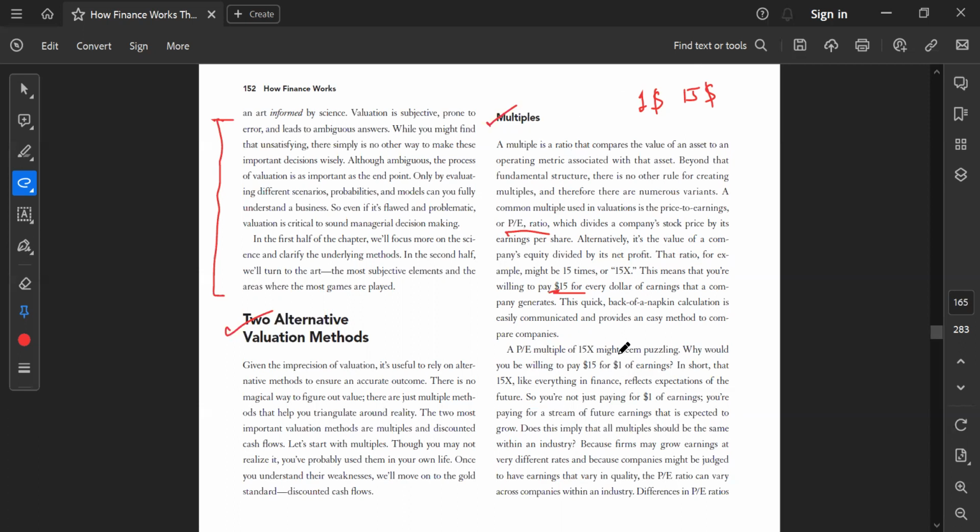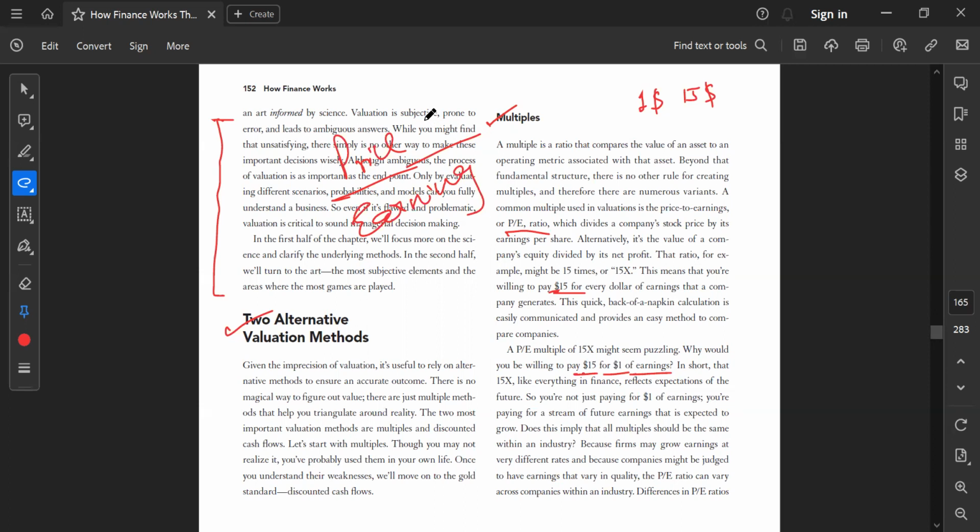A PE multiple of 15x might seem puzzling. Why would you be willing to pay $15 for $1 of earning? So what is the PE ratio? If you recall correctly, it is price to earning, price of share by earning per share.